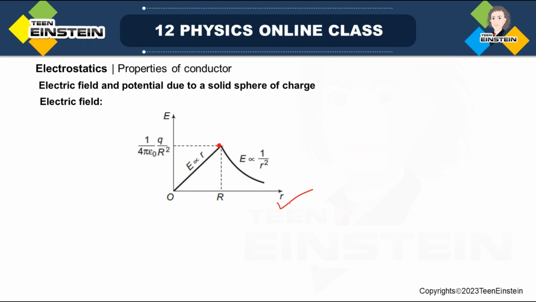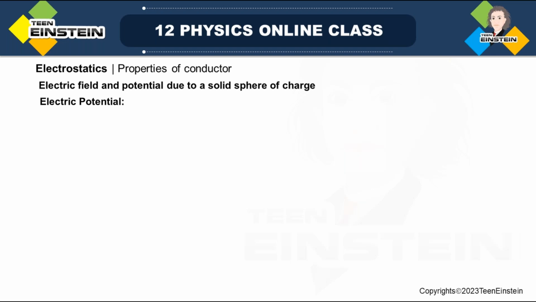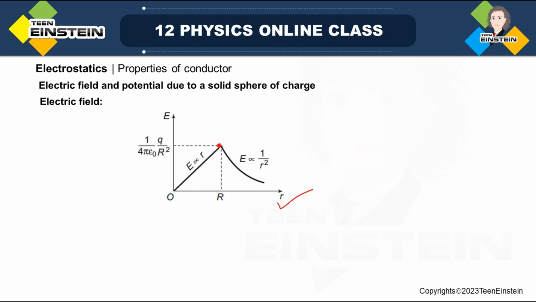Now, so far so good. It will be very interesting if you see the electric potential, how it varies and what the values of electric potential are on the surface, inside and outside. In case of a spherical shell there was no electric field inside, so it was a constant potential surface.